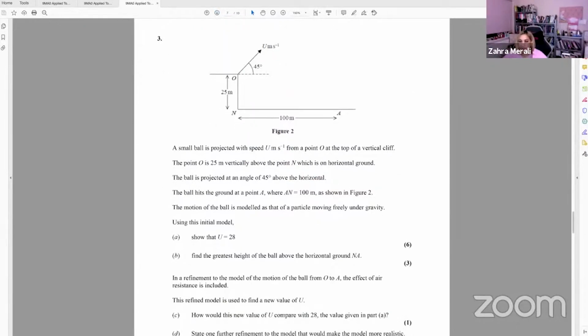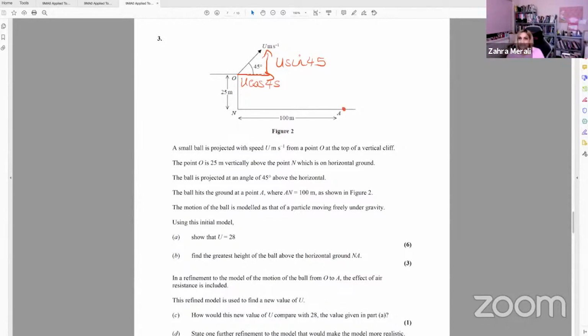A small ball is projected with speed u from the top of the cliff. Exactly the same. We see a u, we start resolving. We get some marks. So we've got u sine 45, u cos 45. We know that it hits the ground, so we know it's going here.